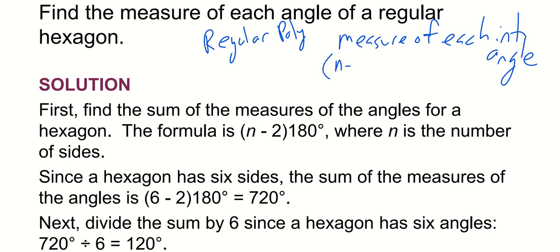It's the total angle, which is n minus 2 times 180, and then you would just divide this by n because it's split into n equal pieces. So if you wanted a general formula, this is what it would look like: n minus 2 times 180 divided by n.